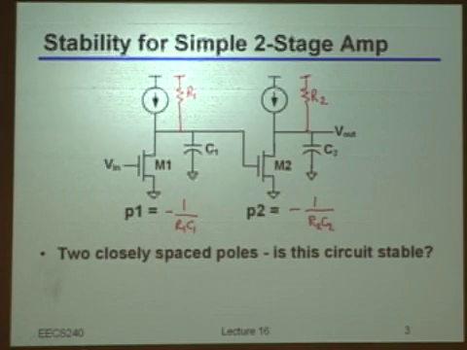So basically, first of all, let's go more deeply into that. This is a kind of tricky question, right? Because I didn't give you any information about the feedback. So I might potentially have some poles and zeros also in the feedback network. I might have some gain in the feedback network.